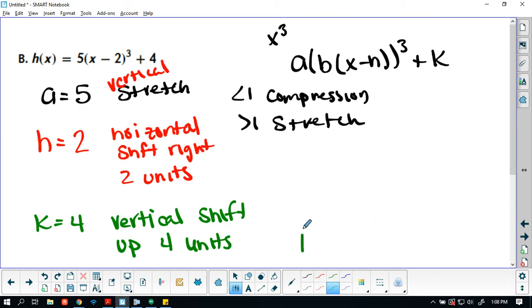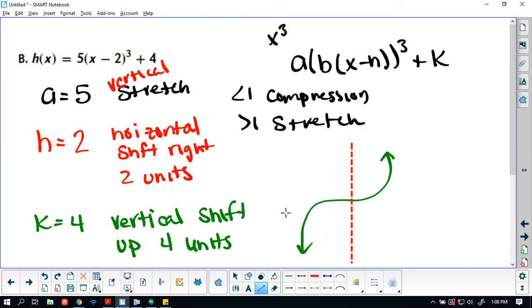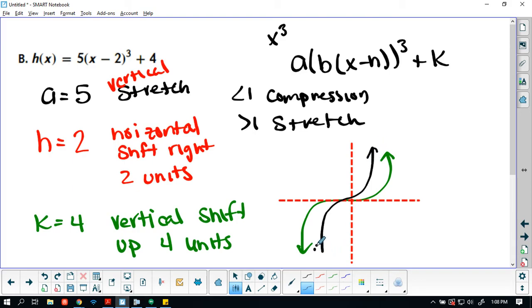So what we should see is this. Let's say this is my cubic. It's an odd function. Leading coefficient is positive, so it's going to look something like this. It's going to be rotated around the origin. All right, nice XY. And what's going to happen is this is going to stretch it. So this is going to be a little bit more narrow, like that, because again, like a rubber band, we're stretching it.